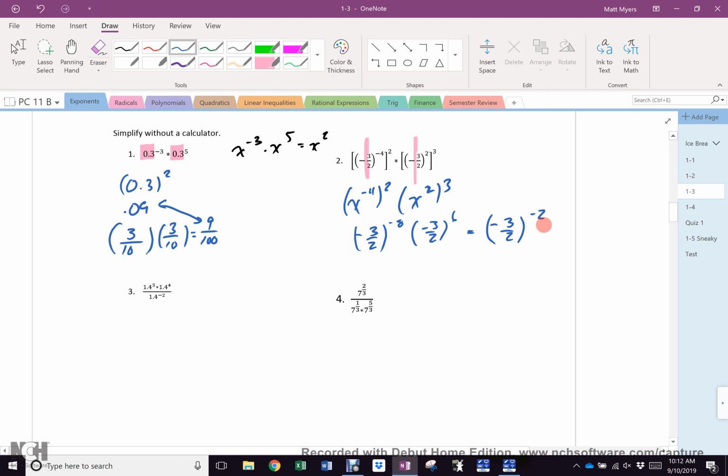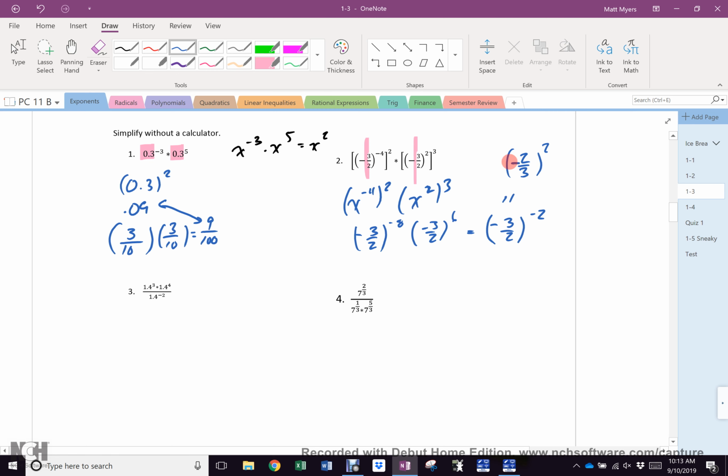What there bothers me. Which negative? The negative exponent. What does that negative exponent do to its base? So I now have 2/3 squared. Does that negative disappear? Really?